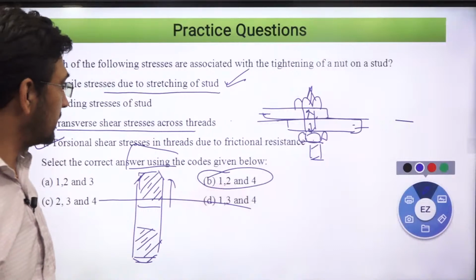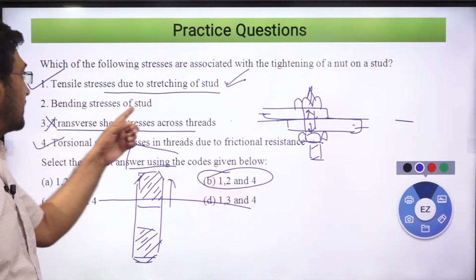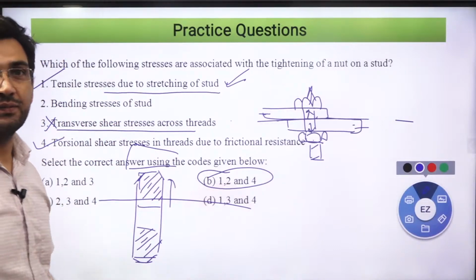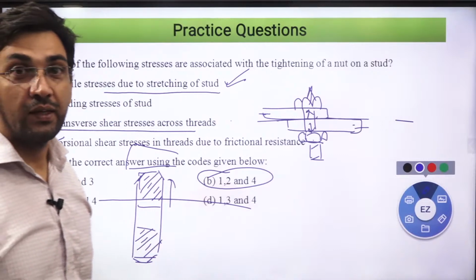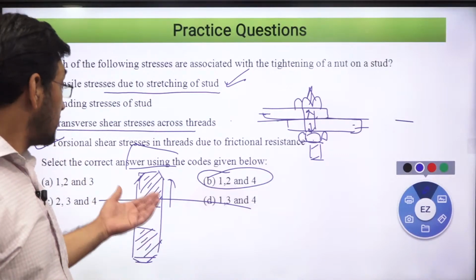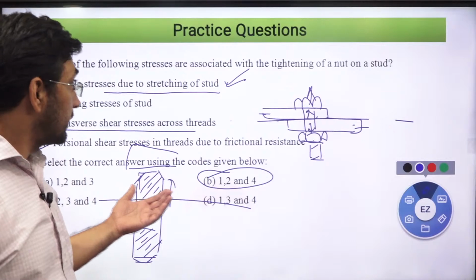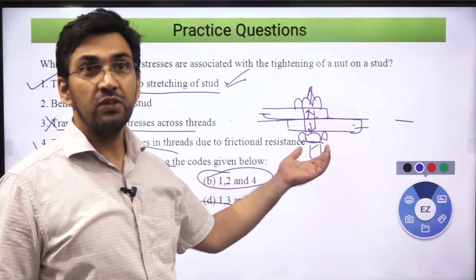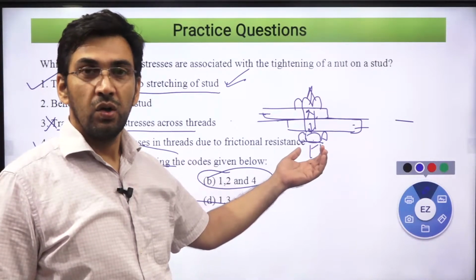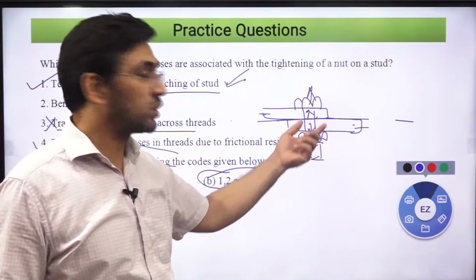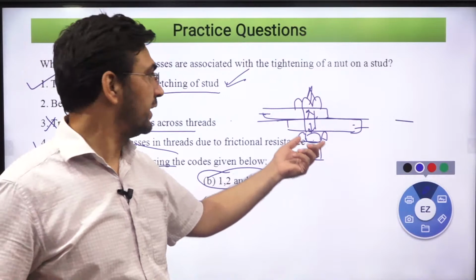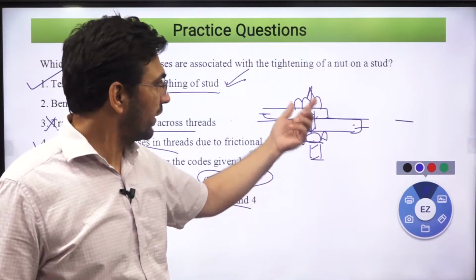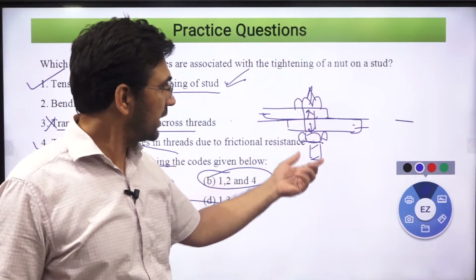Now you can raise the question, sir. Then is it correct? Bending stresses of stud. Is it correct? I cannot say, because the possibility that bending will happen is very less, unless there is some kind of misalignment or something. Then if it is leading to the bending, otherwise you don't find any logic that how it will bend. Let's say the same thing.